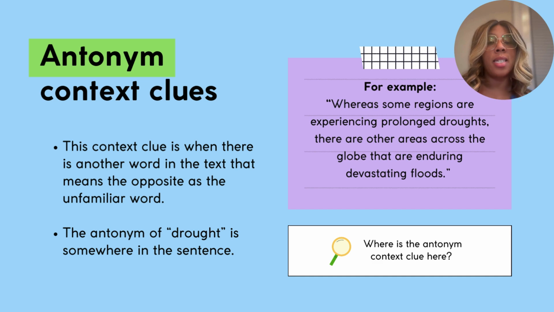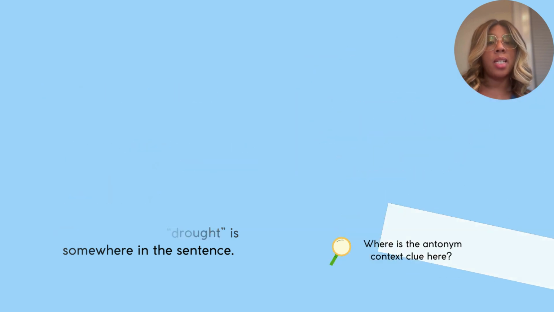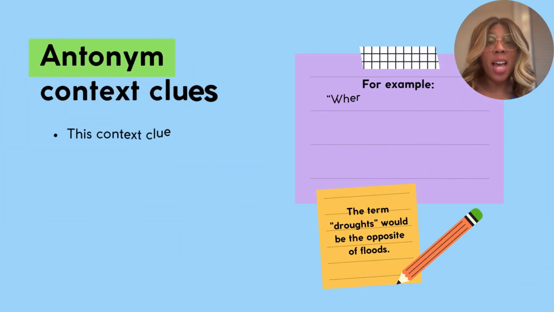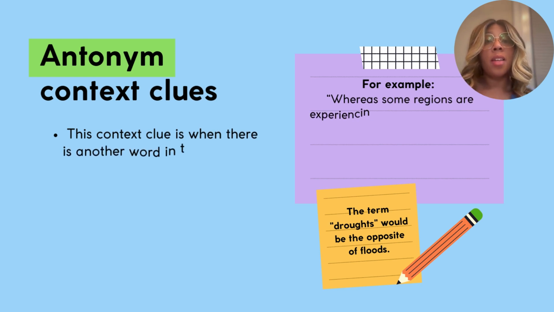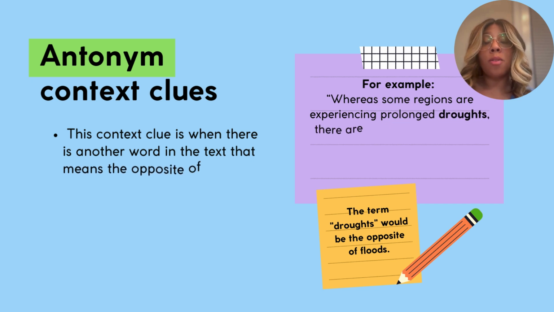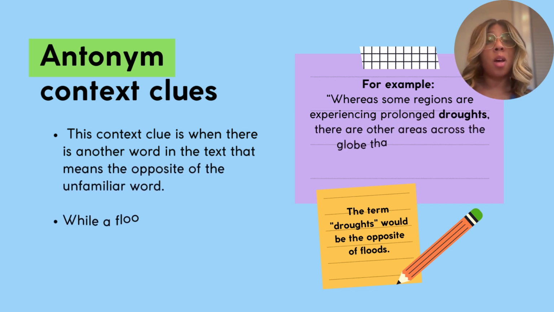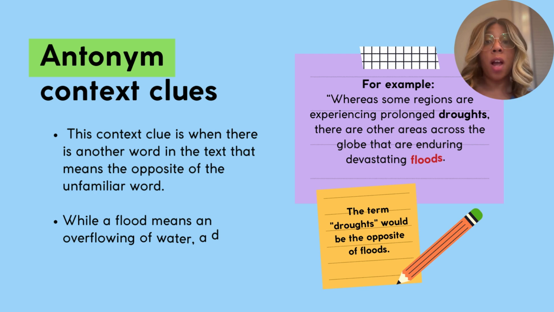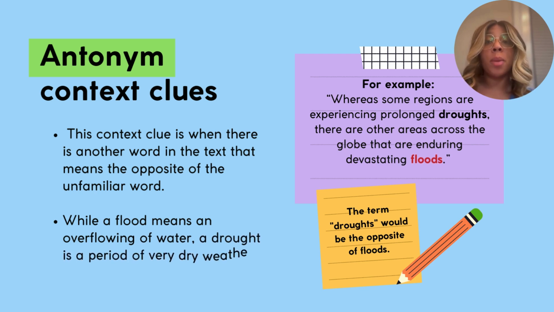Where is the antonym? Let's take a look. I see it. Floods. Floods means an overflowing of water. So the opposite of that is a drought, which is a very, very long period of dry weather.